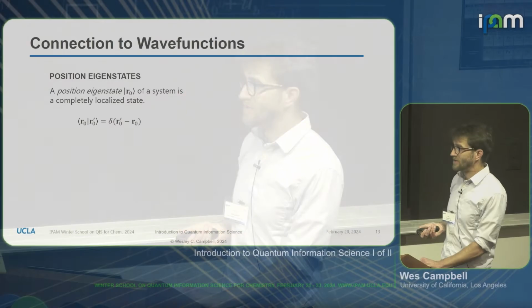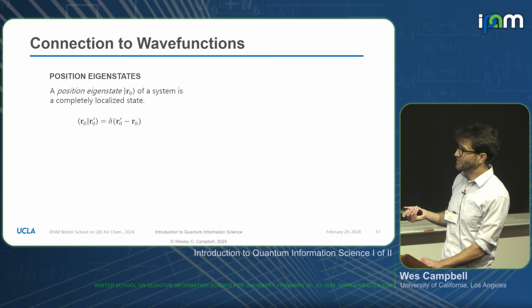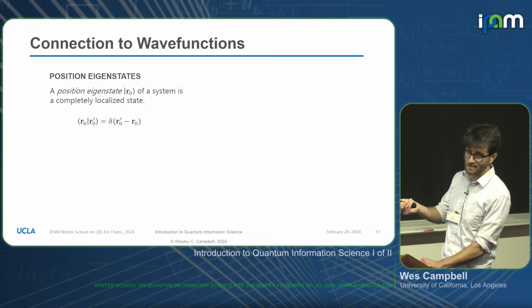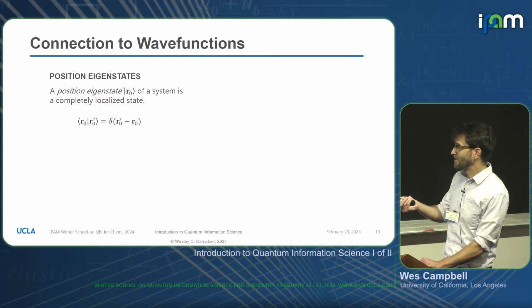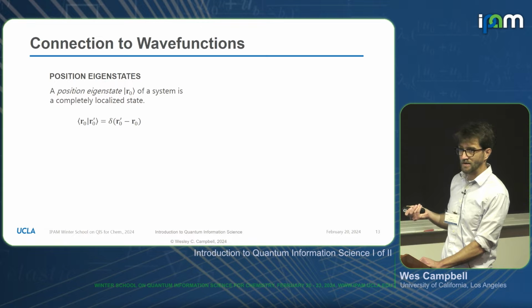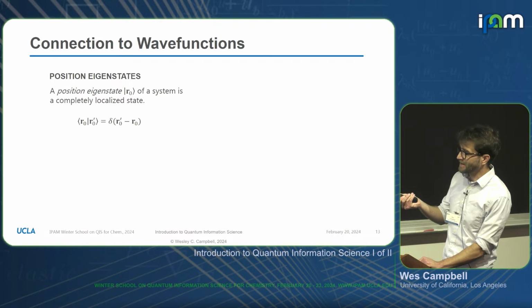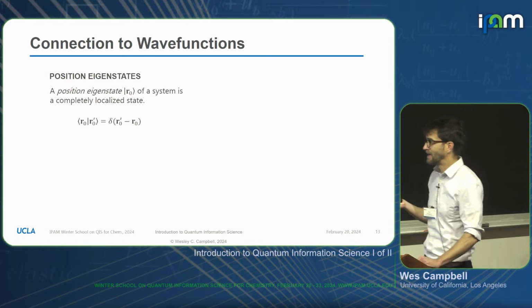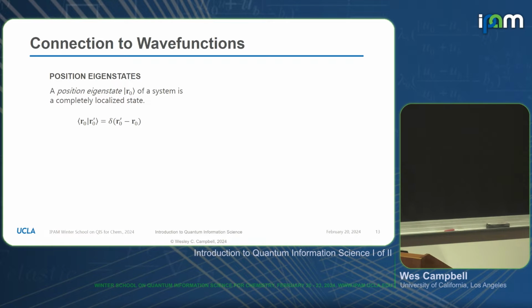Now we'll take the inner product of two potentially different position eigenstates. If the particle is localized at R0 prime, it can't be localized at R0 unless R0 is equal to R0 prime. So this gives us a Dirac delta function. This is an infinitely spiky function that's normalized to 1.